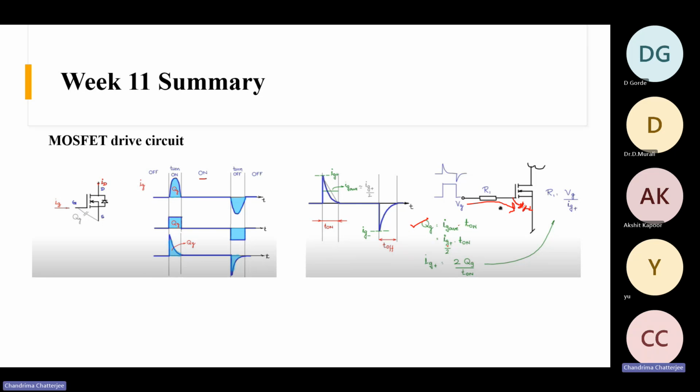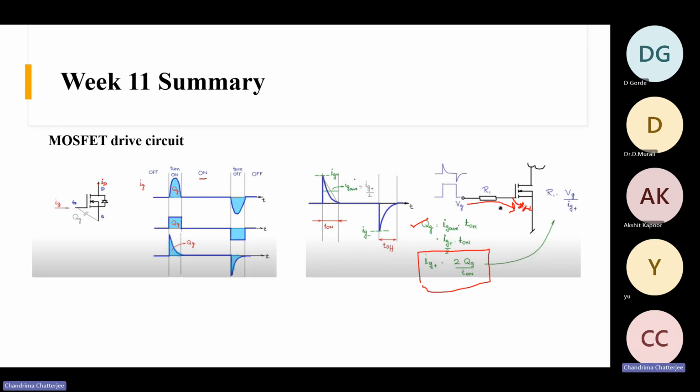You can also approximate this exponential shape as a triangle. In that case, you can write half Ig plus times T on, because that will be the area under the triangle. So Ig plus is 2 Qg by T on, right? That is the expression for Ig plus, the peak gate current.